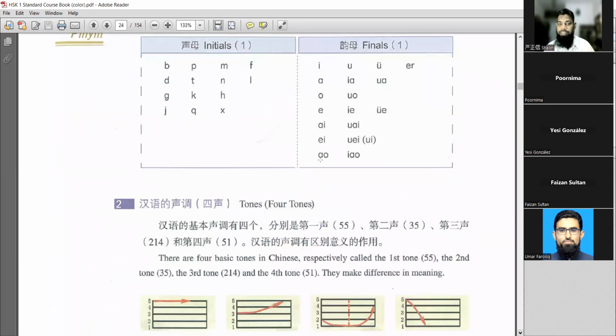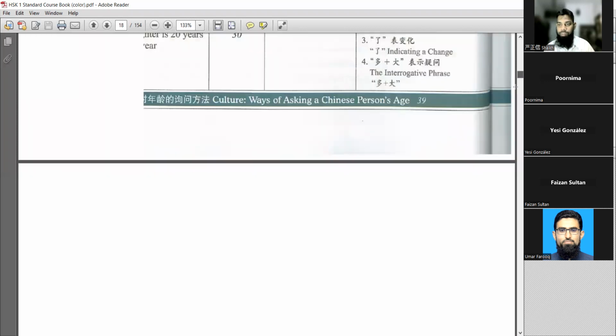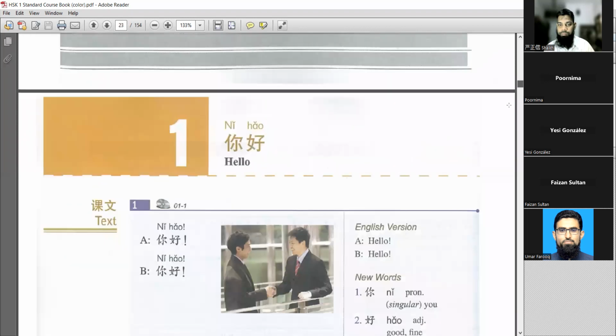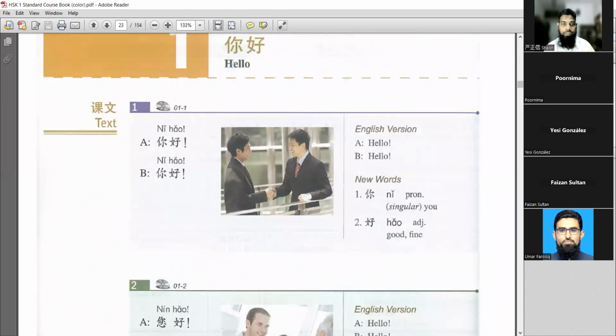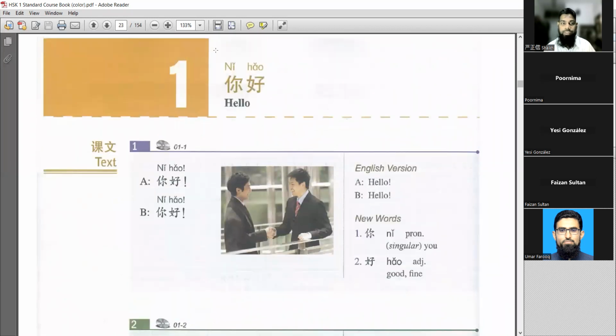Where is ao? There is ao. So this ni hao means hello in Chinese. So this is how we see the syllables. This is ni and this is hao.